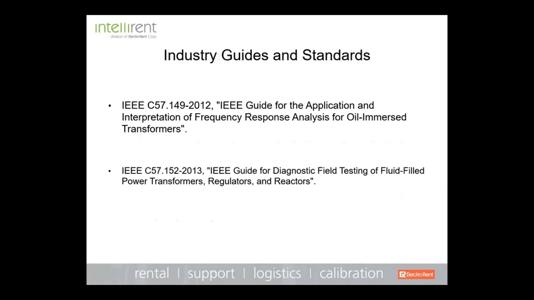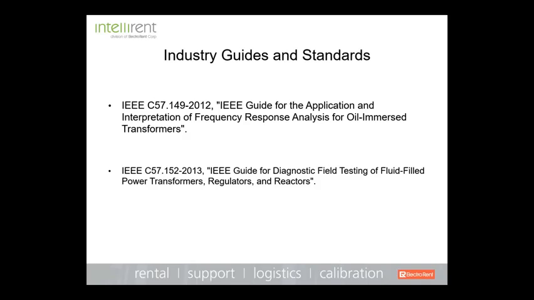So let's take a look at a couple of industry guides that can help you. C57.149 is the application and interpretation of SFRA for transformers, and this has been in a revision mode and is just about complete. A good friend of mine, Charles Sweetser from Omicron, is the chairman of this committee, and he's done a really good job in terms of how to conduct the test, how to wire the test, and some really updated information that goes along with this guide.